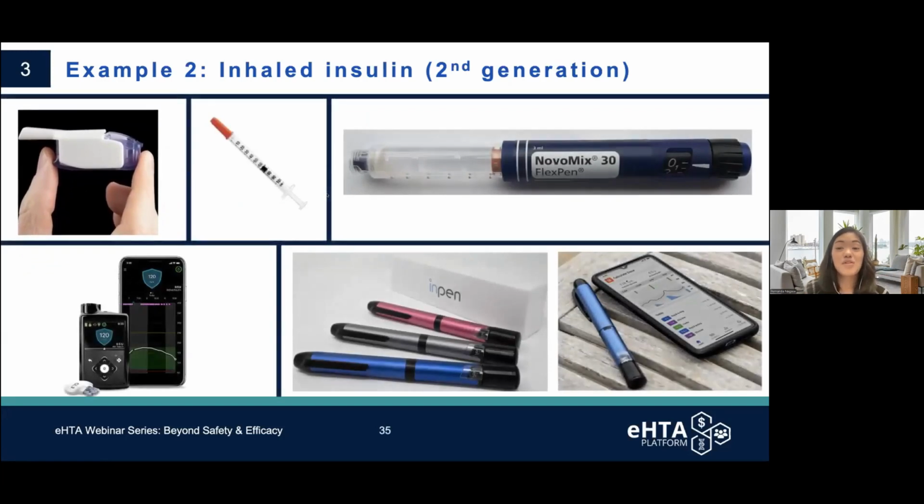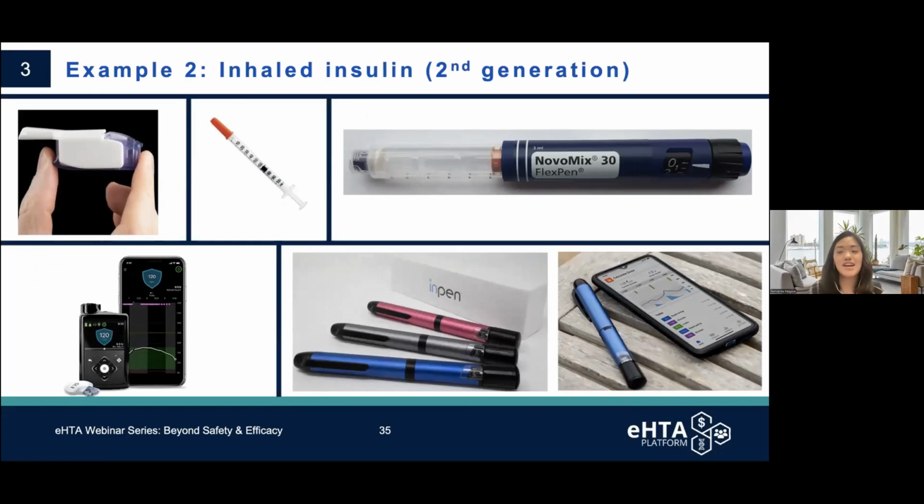And for example, if you look nowadays, you have a number of options if you have diabetes. Like you still have your traditional syringes, but also you have your insulin pens that I talked to you guys about earlier. And those insulin pens also evolved to smart pens.